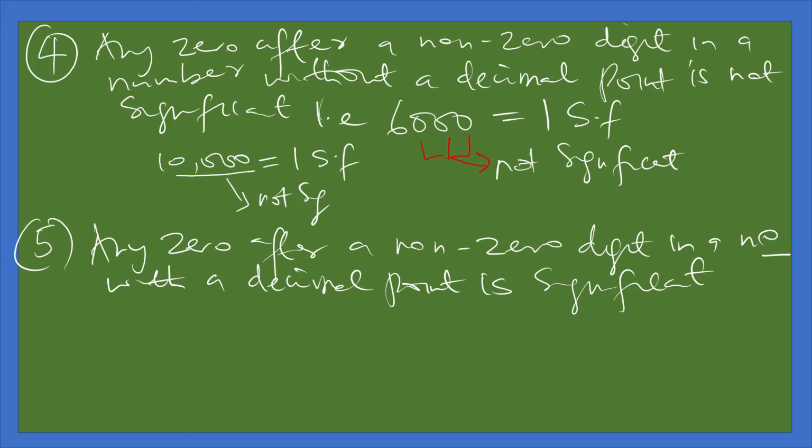Now note the difference. Rule 4 is without a decimal point, while rule 5 is with a decimal point. So take note of that.